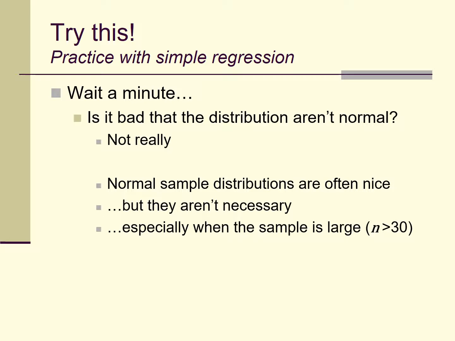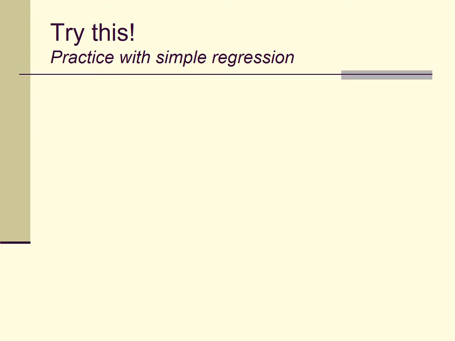And our sample here is about 30 people. I don't know, it's sort of in the range of being a large sample, so we're probably not too awfully bothered by it. Anyway, let's go back to looking for outliers after briefly digressing on the normality or non-normality of sample data.